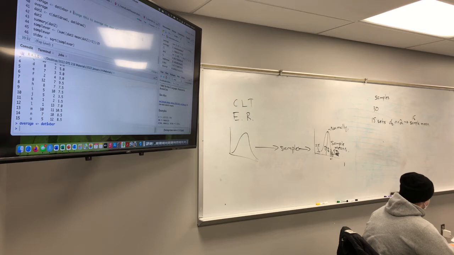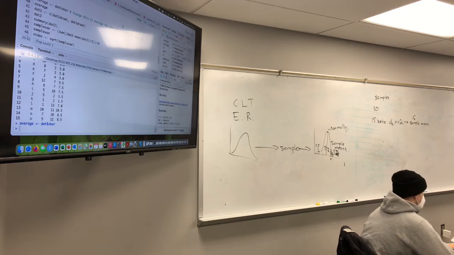So notice that I'm commenting things out so that I know what I'm doing with this new set of data. As opposed to calculating a sample mean or a confidence interval the way we did just now, we're doing it based on the averages of the individual trials. Before, the first time we did it, we had 30 values, and we were just calculating the mean and the confidence interval based on those 30 values.